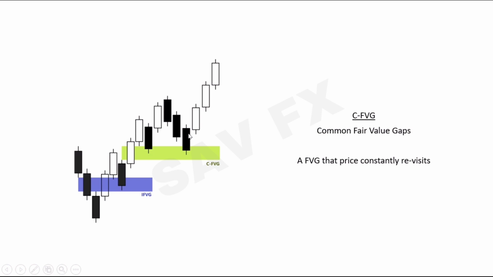Then it went lower, tapped it again, and then reacted off it. Usually when price revisits a fair value gap, I would regard that as time distortion, meaning that price is waiting on time to seek a specific objective, right?